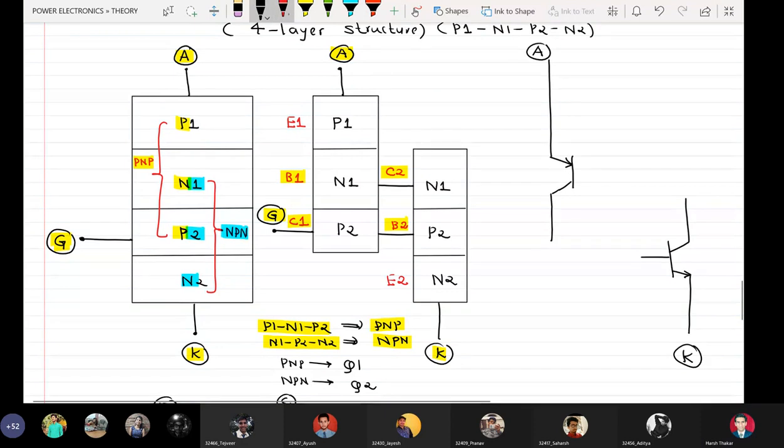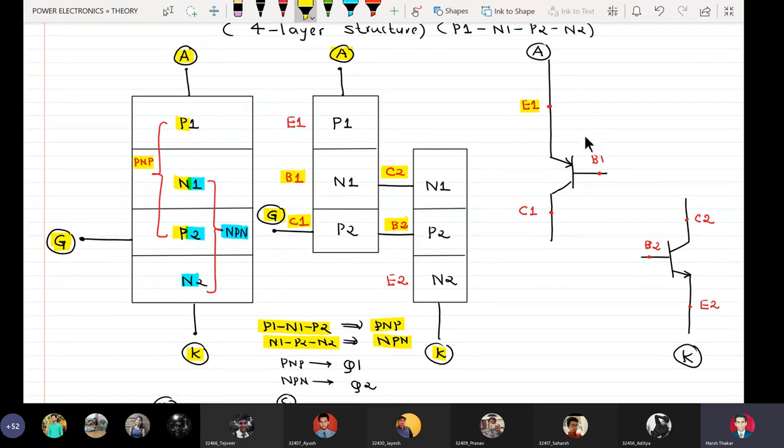So this is emitter of Q1, collector of Q1, base of Q1, collector of Q2, base of Q2, emitter of Q2.